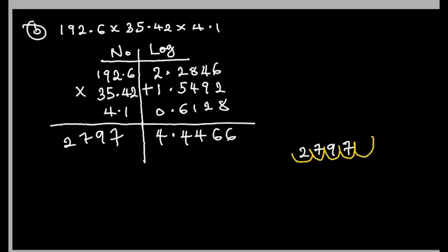What you observe now is we have a vacant space here, so you can put 0 there. If I have such vacant space, I can just put 0 there. And this gives the final answer to the question we have. So this is the anti-log value.